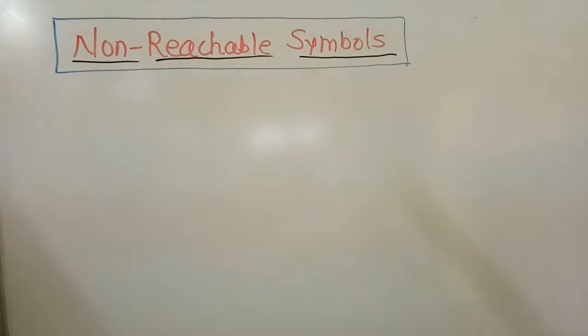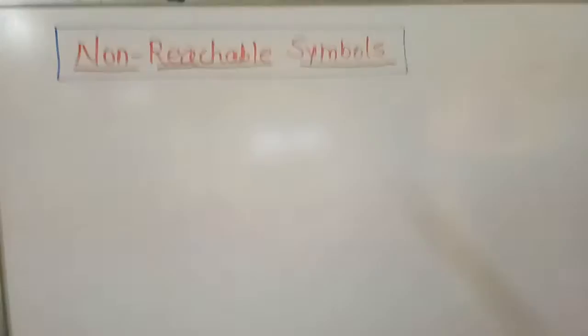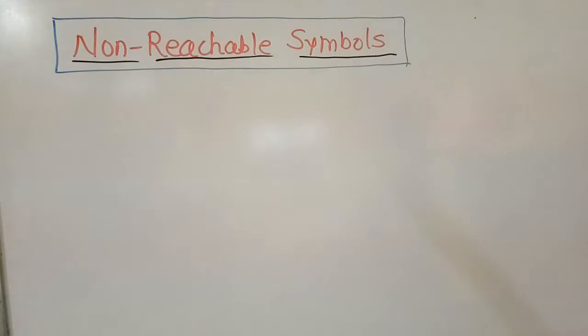Let us start with another type of elimination of a useless symbol, that is nothing but the non-reachable symbols. In the first topic we found the symbols which are non-generative, which are not giving any production to any non-terminal, means a string.